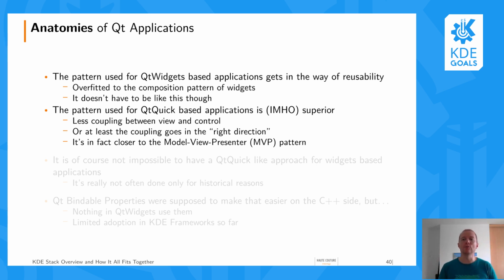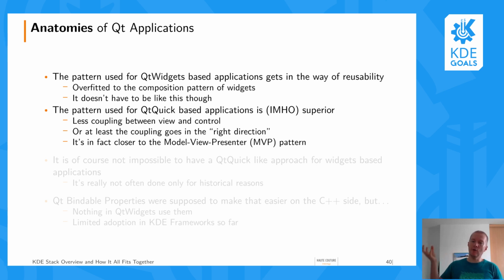That's a lesson that we learned when moving from KDE Libs to KDE Frameworks and now trying to have more QML-based things. That's because we kind of overfitted to the composition pattern of widgets, right? We want to compose them like widgets, and so we made our control part widgets. And so we are kind of stuck with widgets, but that control part could be independent from widgets and be more reusable this way. It doesn't have to be like this.